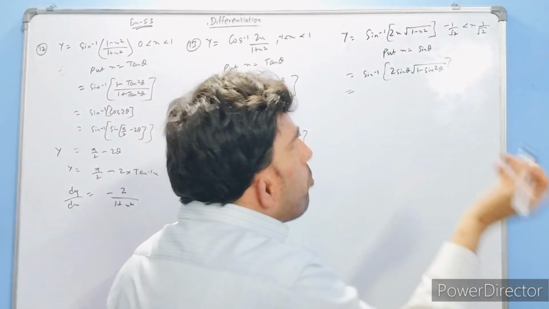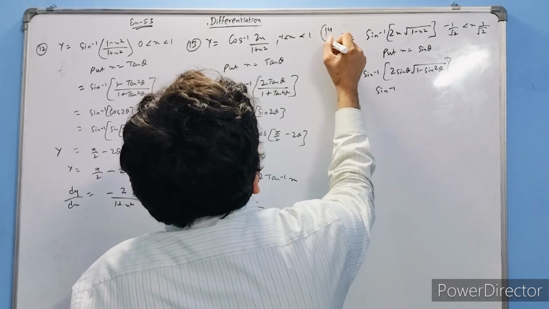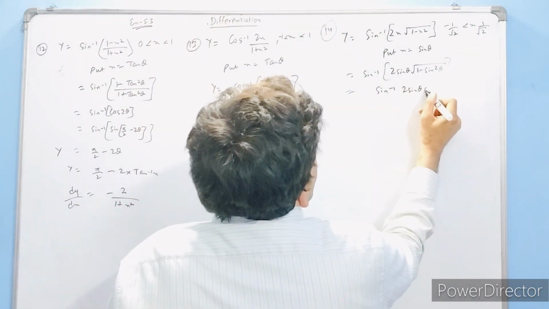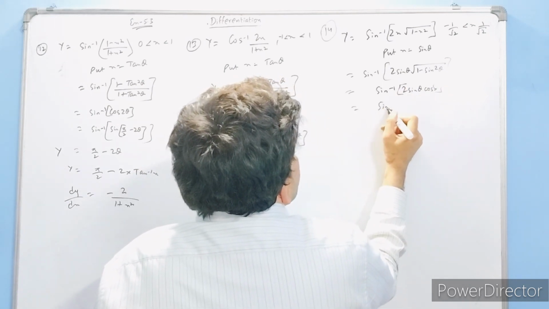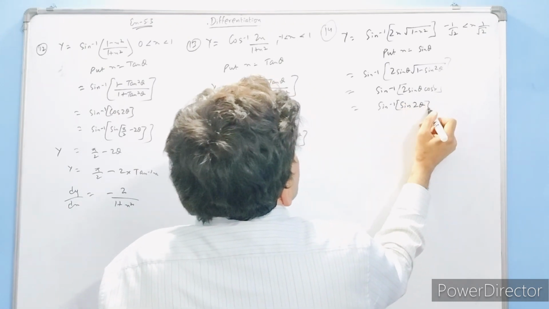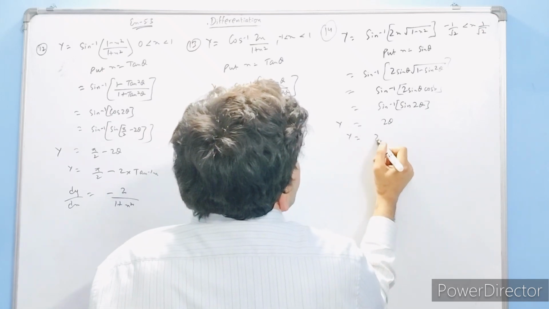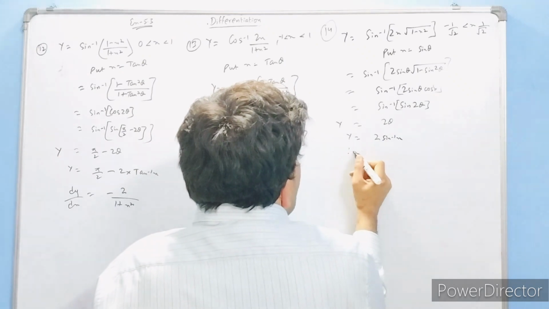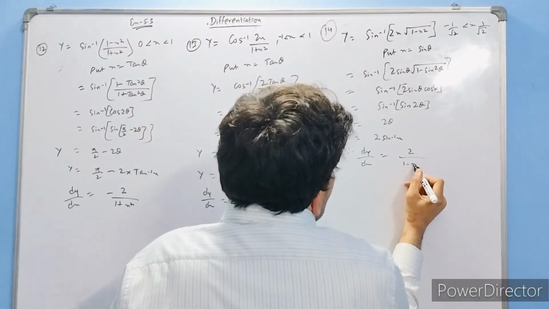So we will write sine inverse of 2 sine theta cos theta. So we have sine inverse sine 2 theta. Okay, so now we have 2 theta, so y is equal to 2 sine inverse x. Therefore, if I differentiate it, I get dy by dx is equal to 2 upon root of (1 minus x squared).